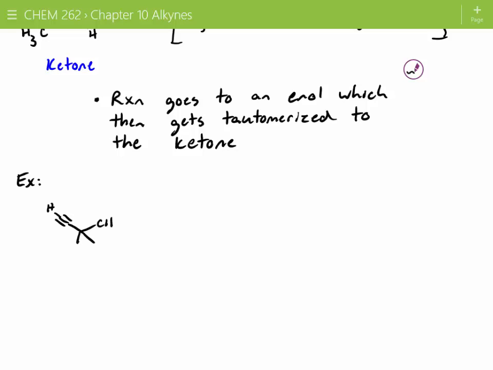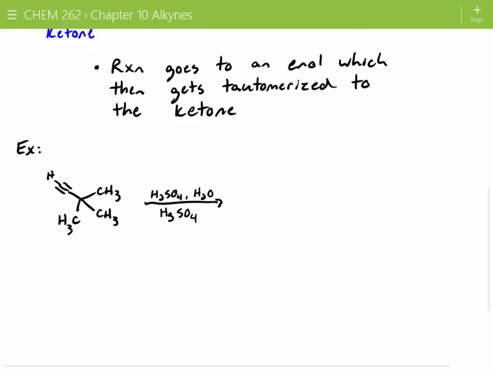And I'm going to draw in all of these methyl groups just so we can keep track of them. And what we're going to do is our proton source will be sulfuric acid, H2SO4. This will be in water, and then we'll have our mercury sulfate.